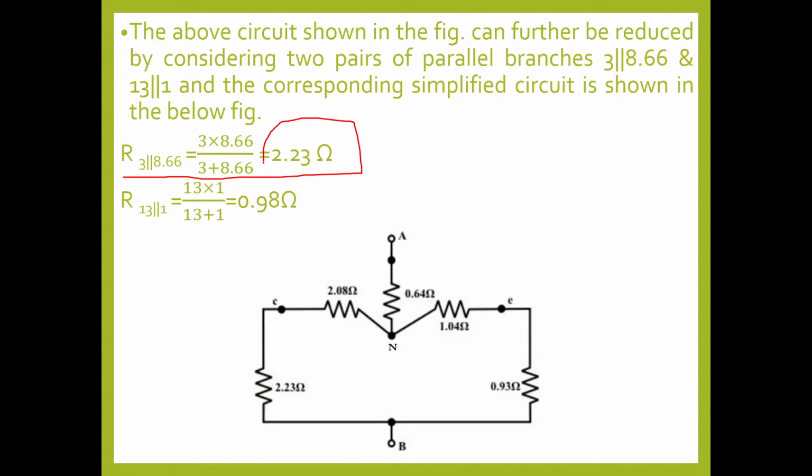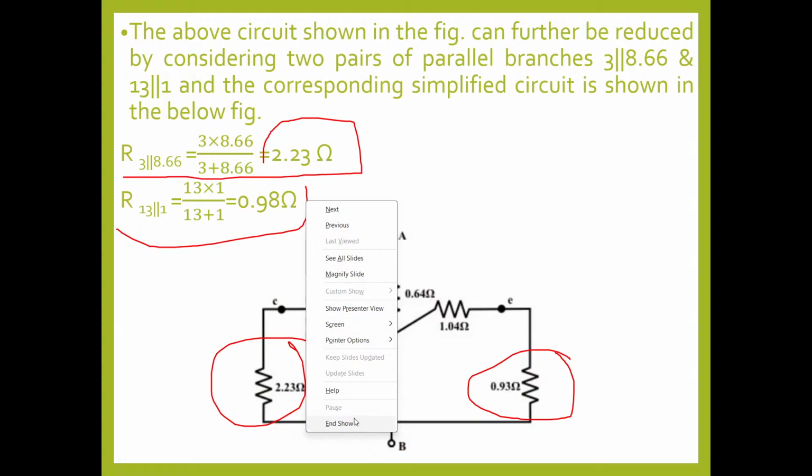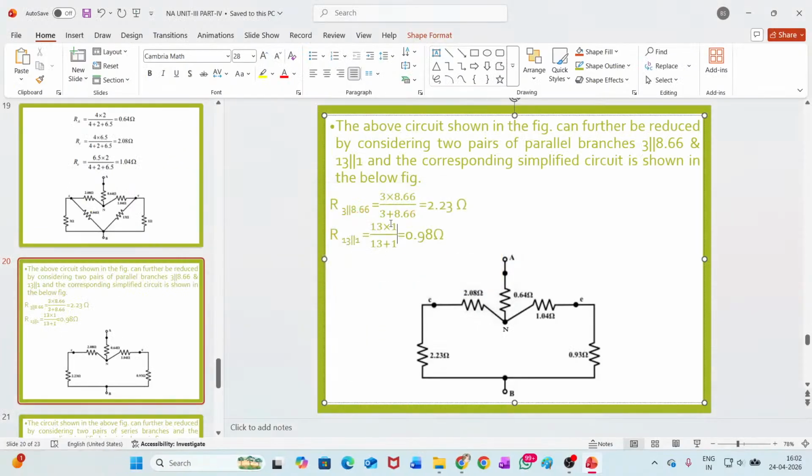I have got 2.23, and for the other parallel connection I have 0.93. So I have written 2.23 here and 13 divided by 14. Let me check the answer. 13 divided by 14, you will get 0.93. Yeah, it is not 8, it is 3. I have written it. It is 0.93.